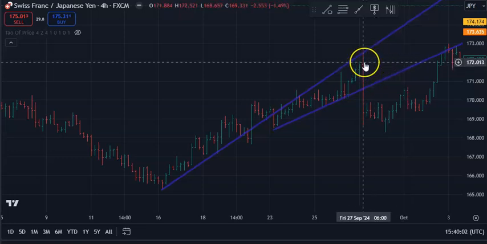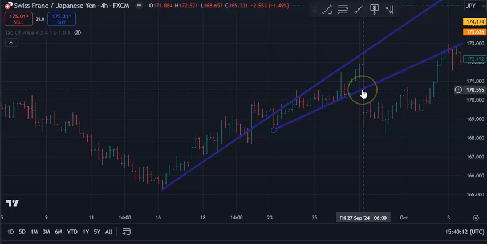If I take the high, which is 175.52, and I take the value of the line, which is 170.55, I come up with 497 points.